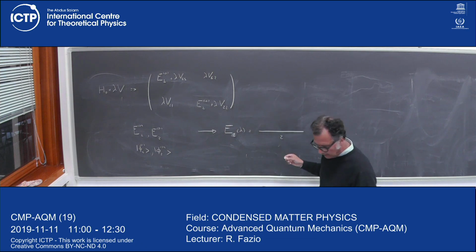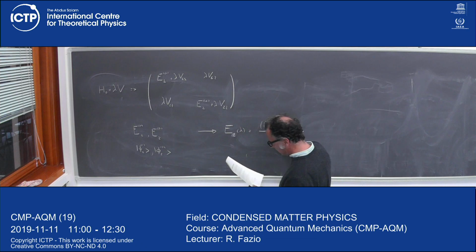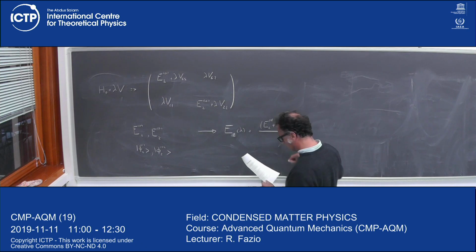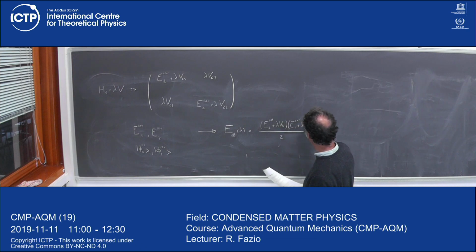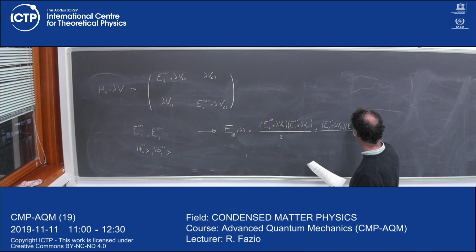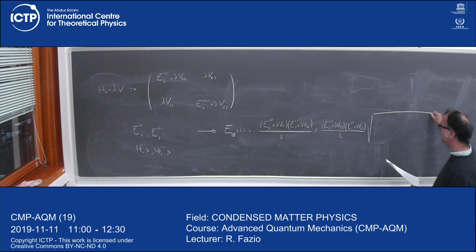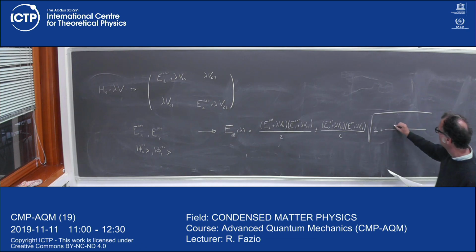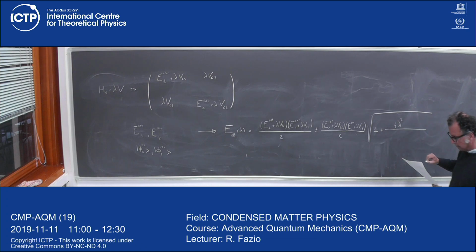So the solution for the eigenvalues is just E02 plus lambda V22 times E01 plus lambda V11, plus minus, and I write it in this way because it is useful for our discussion, times 1 plus lambda square.